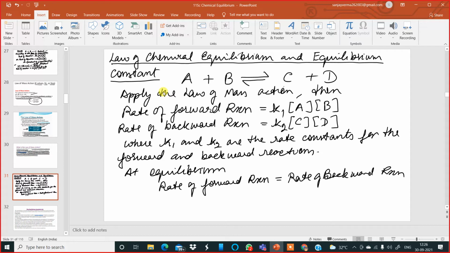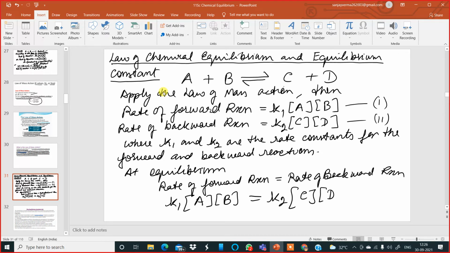This is the main thing under equilibrium. So for this I can equate equation 1 and 2. So I'll write over here k1 into concentration of A into concentration of B, that is equal to k2 multiplied by concentration of C into concentration of D.